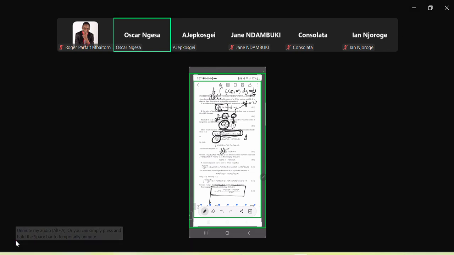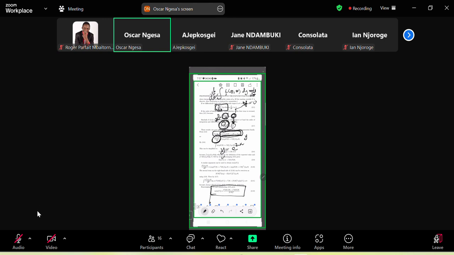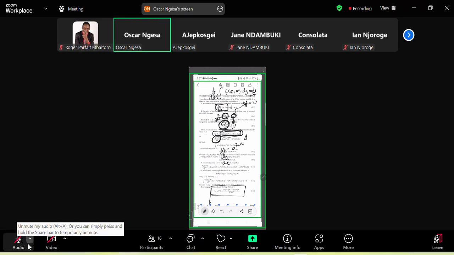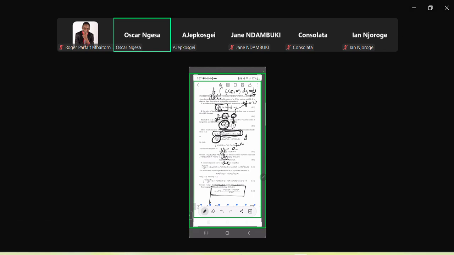If y is equal to e raised to 2x, what is dy dx? I think it is 2 times e to the 2x. So the way to differentiate this is to look at the power as a single thing. Is that okay?